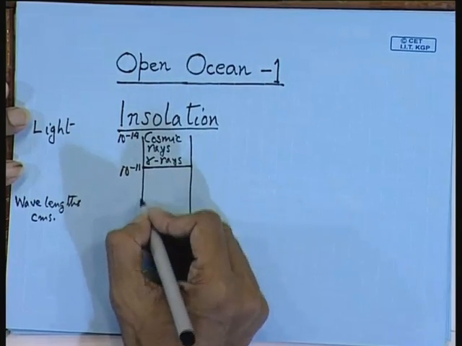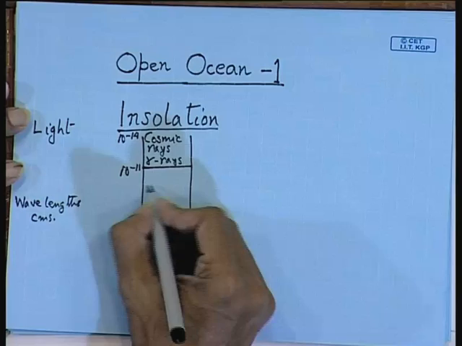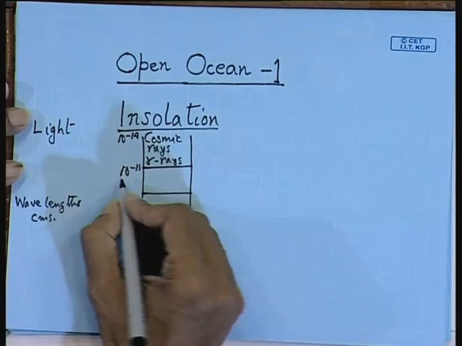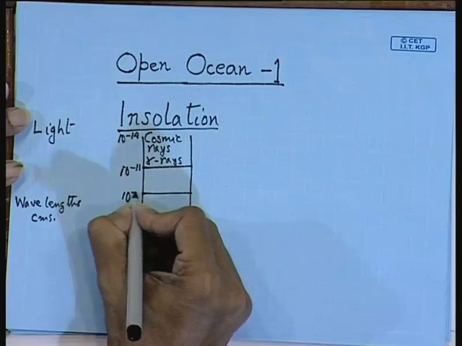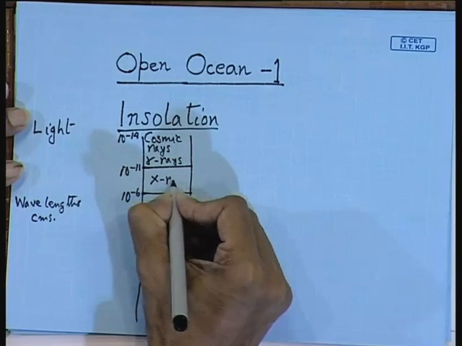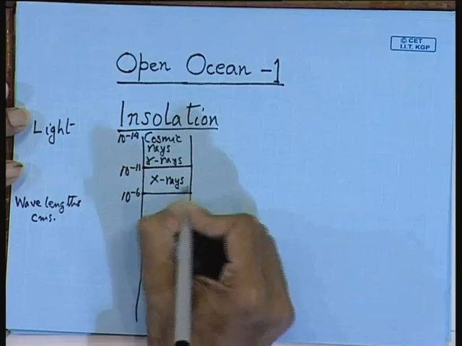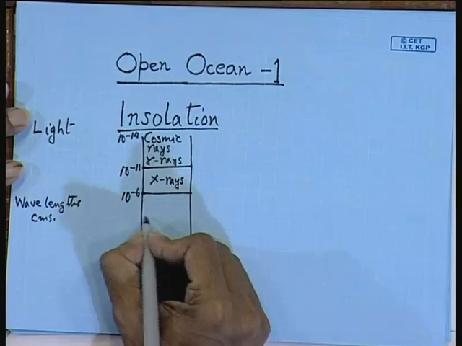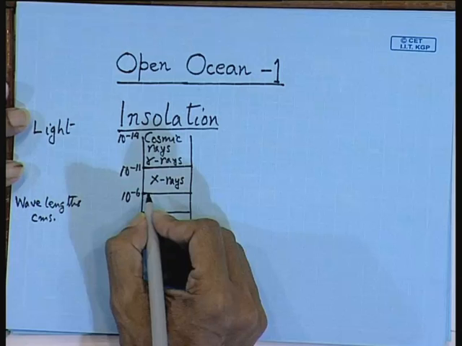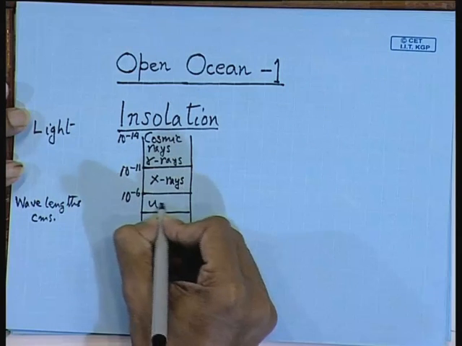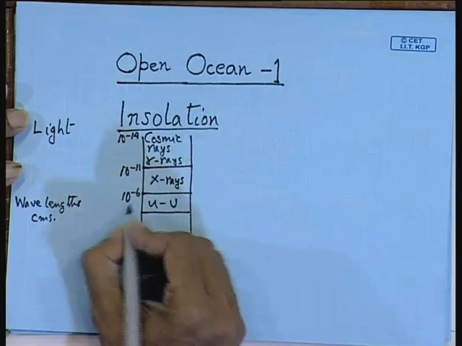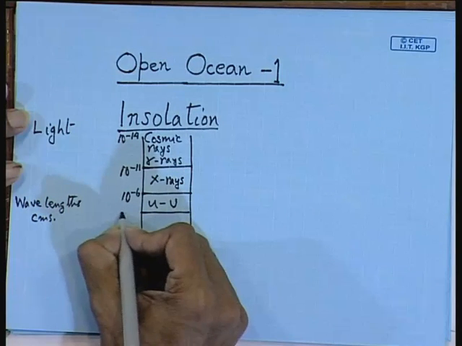Now, still going down, we have larger wavelengths. Up to 10 to the power minus 6, you will get X rays. Then is ultraviolet radiation. UV stands for ultraviolet radiation, that will go up to 10 to the power minus 4.